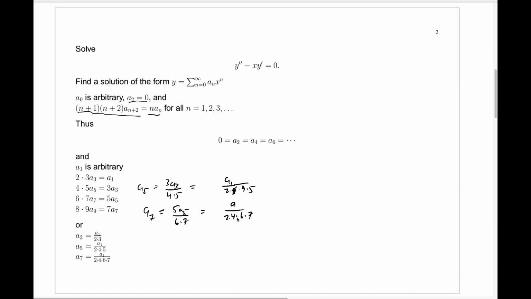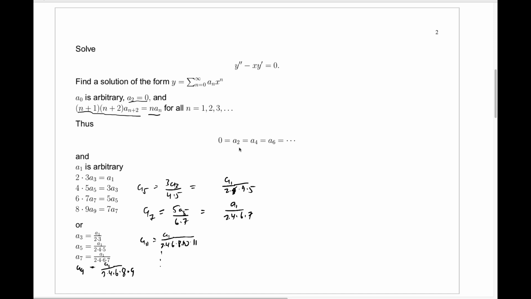This might seem like a very strange pattern, but you can convince yourself that this pattern does continue. a9 will be a1 over 2 times 4 times 6 times 8, and then you'll have a 9 here as well. a11 will be a1 over 2 times 4 times 6 times 8 times 10, the product of all the even numbers that are less than 11, and then you'll also have this factor of 11 coming in, and they'll continue on like that.